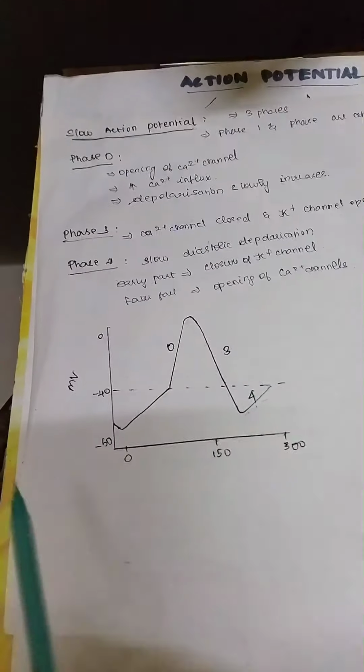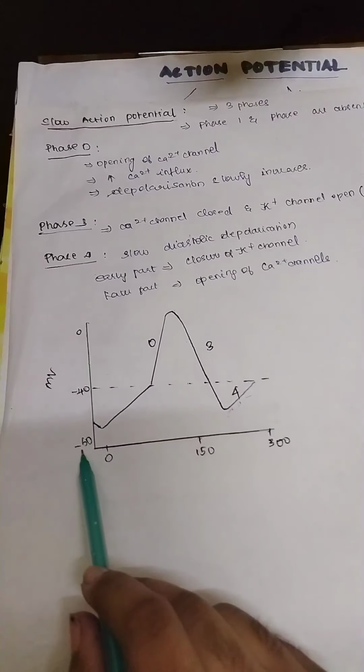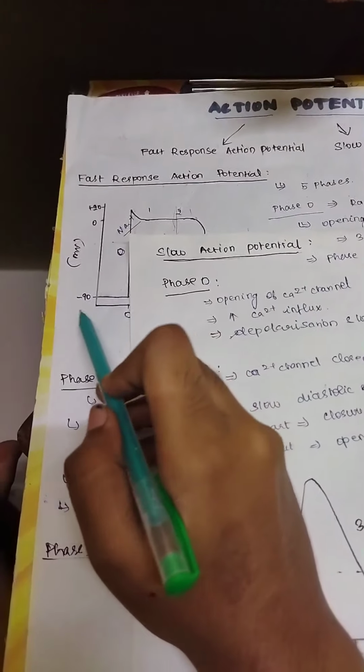But in the slow action potential, the fourth phase is the slow depolarization potential. Another important thing here is that in the slow action potential we take the membrane potential as minus 60 millivolts. In the fast action potential, we took minus 90.